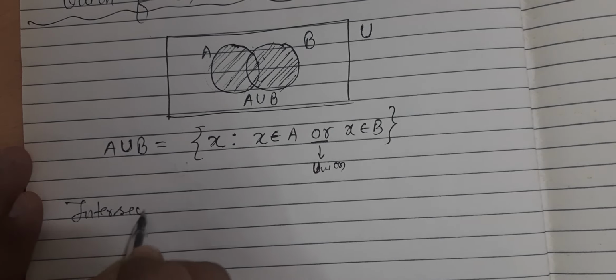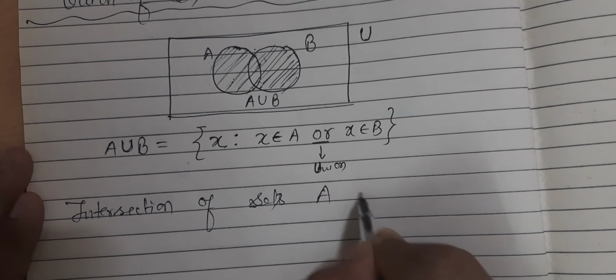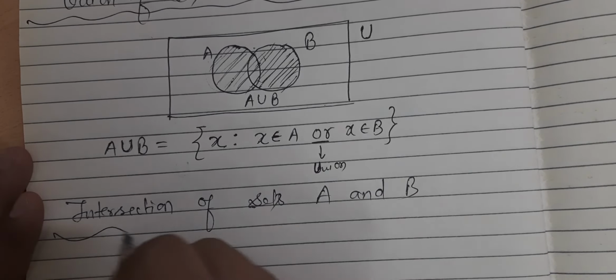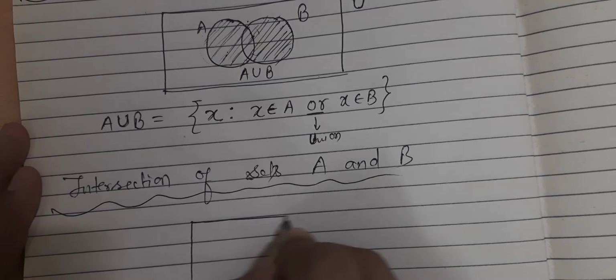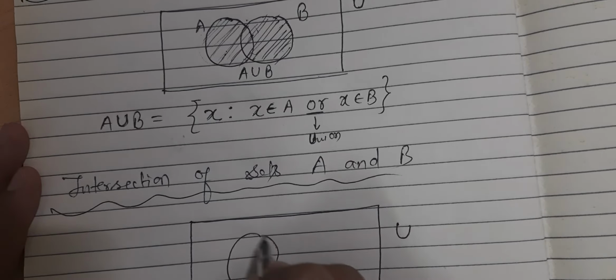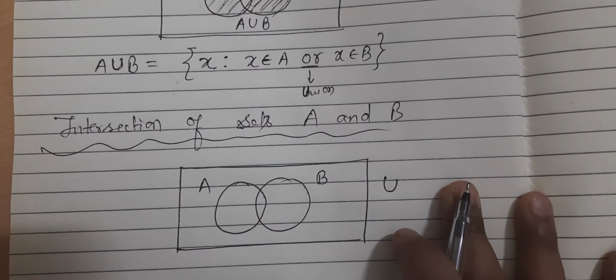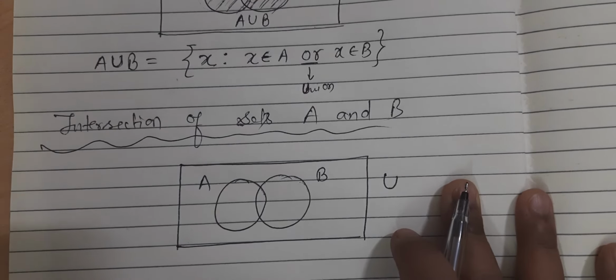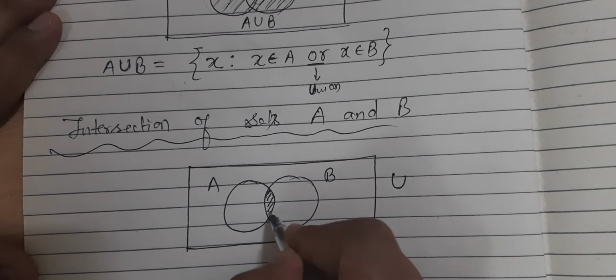Intersection of sets A and B. For intersection we will take a universal set U, and we have two sets, set A and B. And what is this intersection? Intersection means the common portion. So here in A and B, this is common.